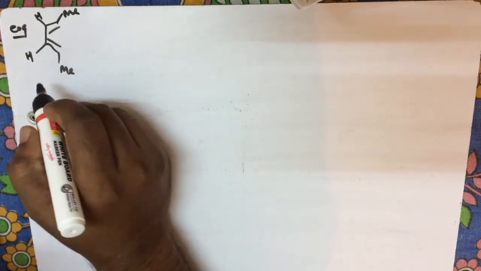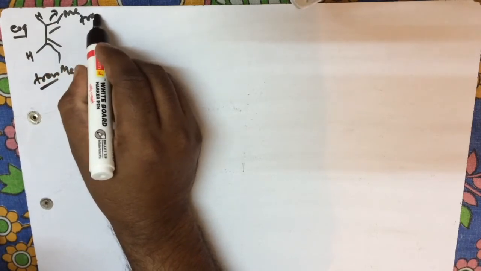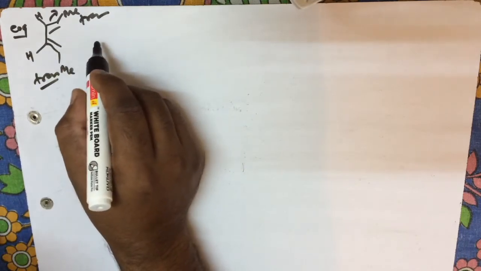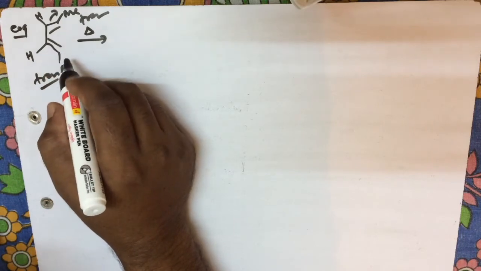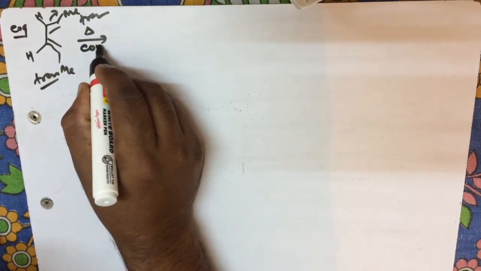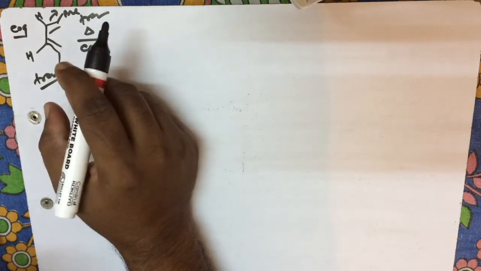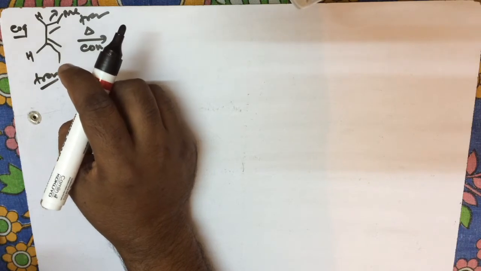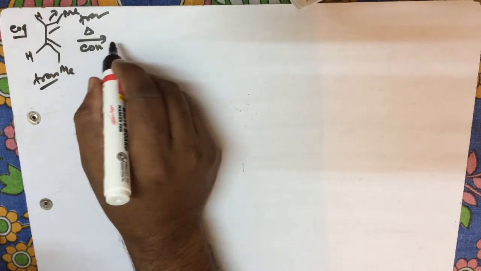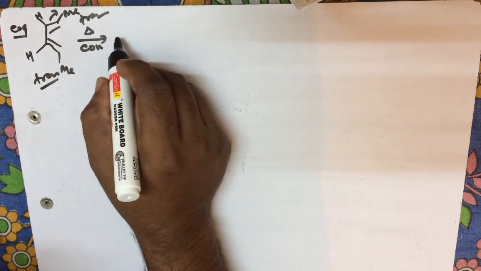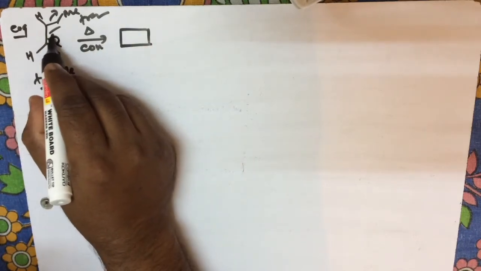So this is trans, this is also trans, okay. And under heat condition, because this is the 4n pi system, you have to apply conrotatory. What I told earlier, conrotatory condition, so the stereochemistry will change. So it will be like this.